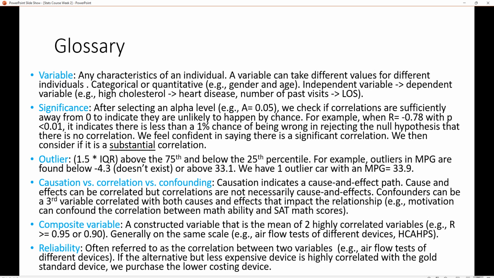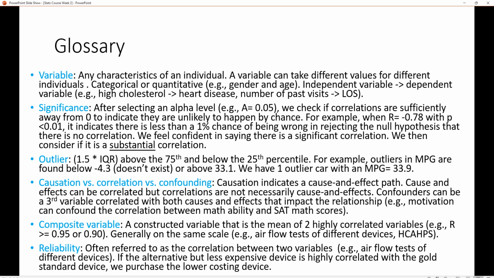Variables can also give us an idea on a relationship, such as independent variables that lead to dependent variables. For example, high cholesterol can give us an idea about heart disease, and the number of patient visits could give us an idea about length of stay.